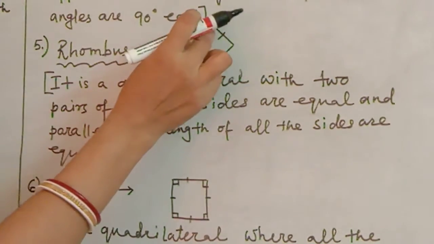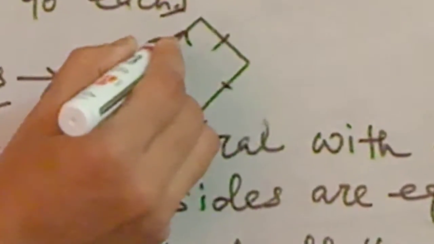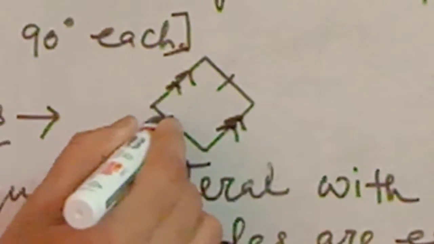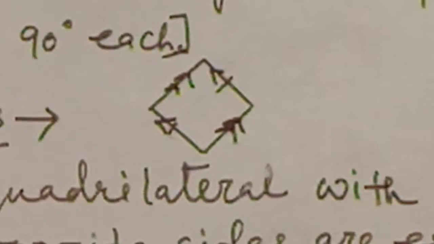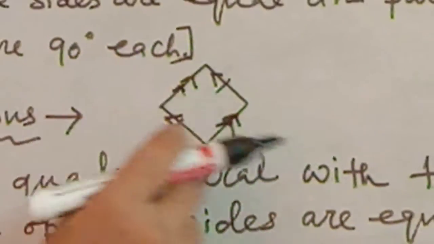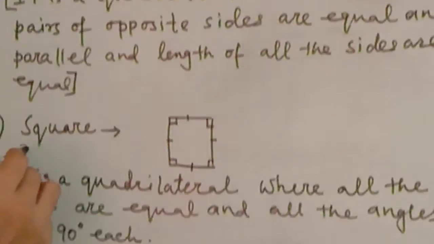As both are equal, they are parallel also. This one is parallel to this one, and equal also, and this one is parallel to this one. So opposite sides are equal and parallel, and all the sides are equal.